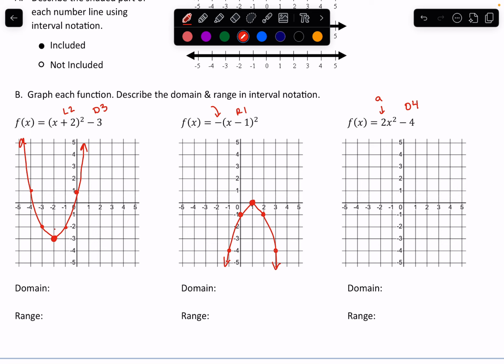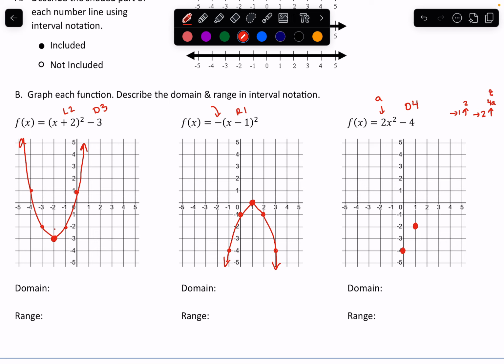It's just down 4. Now, instead of going over 1, up 1, my new value is over 1, up 2, because a is 2. So I'm going to go over 1, up 2. Then I'm going to go over 2, and this time I'm going to go up 4 times a. 4 times 2 is 8.